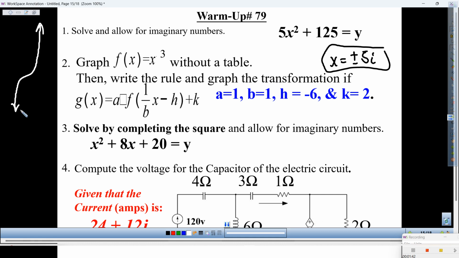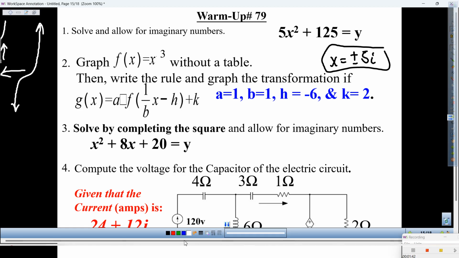Then you move it, it's 1, 1, negative 6, and k is 2. So you move it 6 to the left and 2 up, and you end up somewhere over here. Hands up if you got something like that.